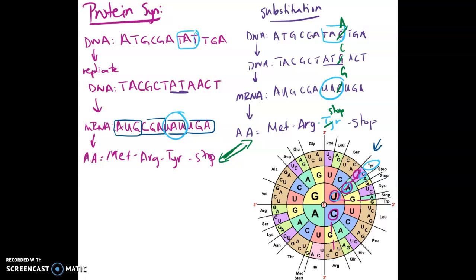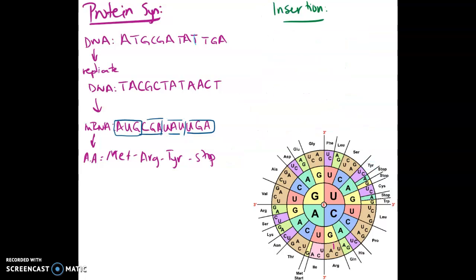So that's just an example of substitution, how in purple it would have kept the protein chain the same, or the amino acid sequence the same, but if I would have made that change that it did in green, then it could have had a completely different effect on that amino acid sequence in that protein, right?